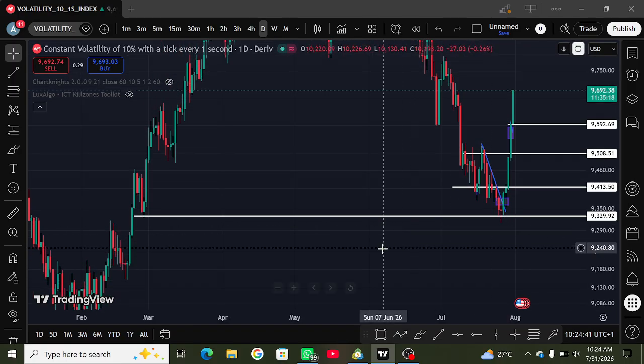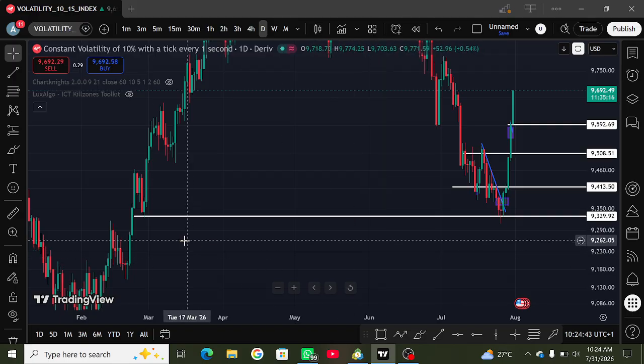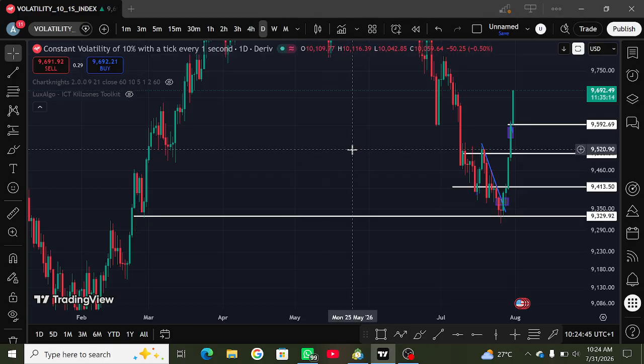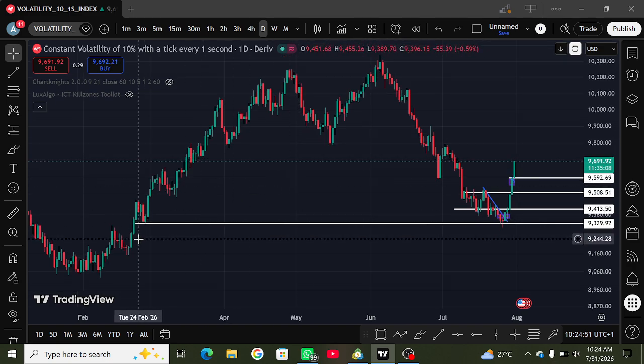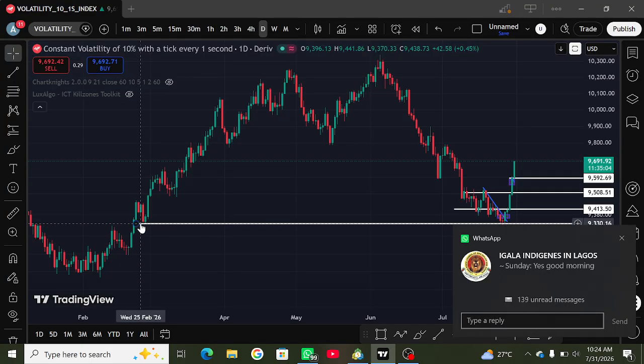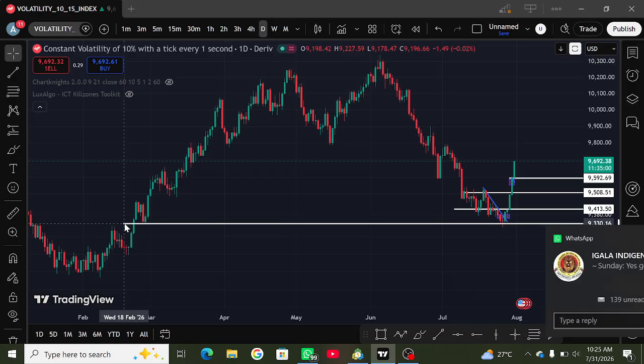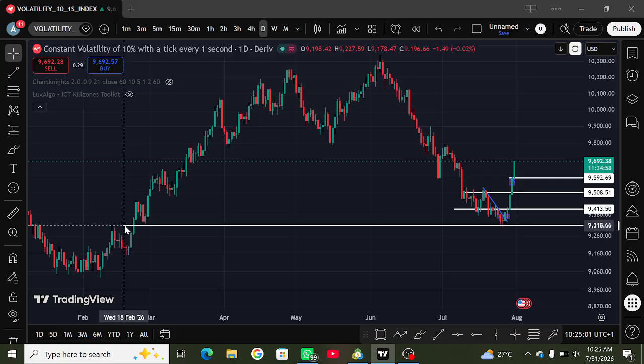In the daily time frame, the market has been bearish for quite some time, coming into an external liquidity, which is this one, and that liquidity has been swept into a fair value gap.